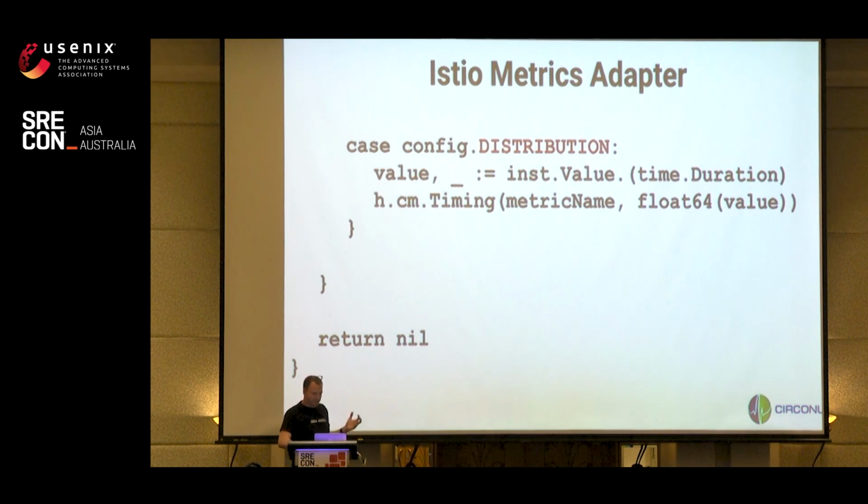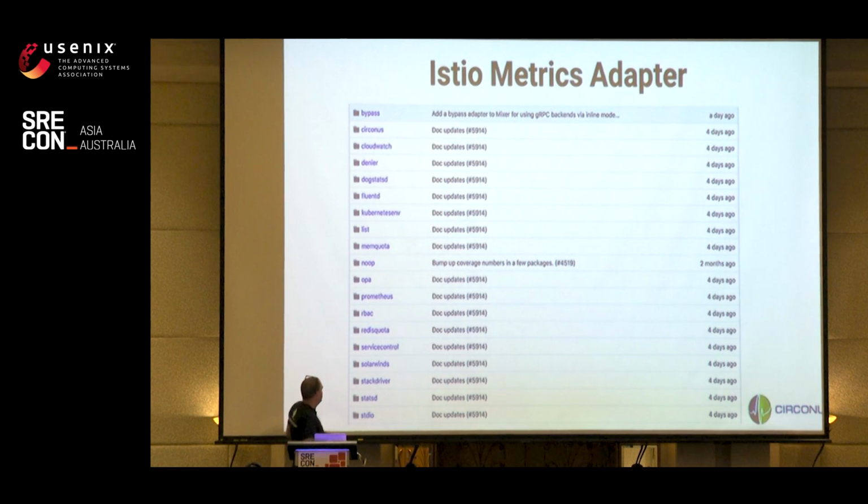And if all this looks pretty simple, that's because it's a good client that I was using, and most of the complexity is abstracted behind that. If you take a look at some of these other adapters, the Prometheus one is fairly complex since it has to start up an additional Prometheus scraper. The StatsD one is fairly simple. Some of the newer ones, the DogStatsD one is fairly simple.